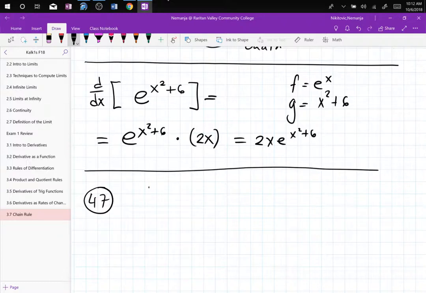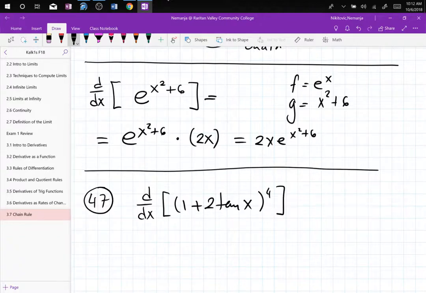It says find the derivative of 1 plus 2 tangent x raised to, now they say 4.5, and let's just do 4. It's just 4. 4 is fine.